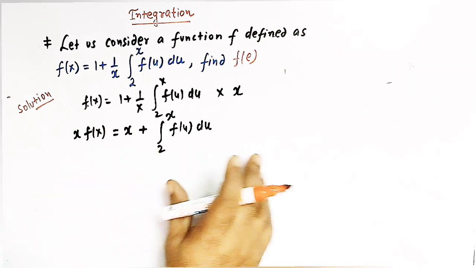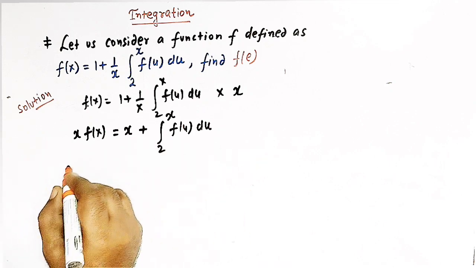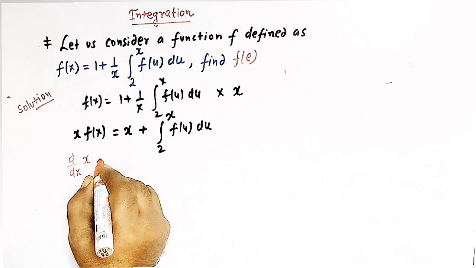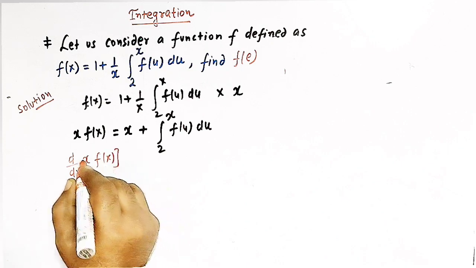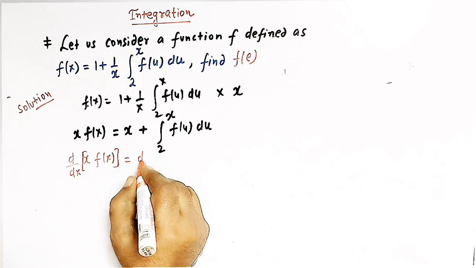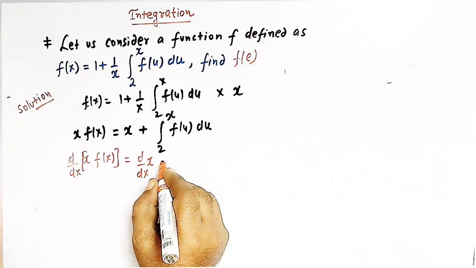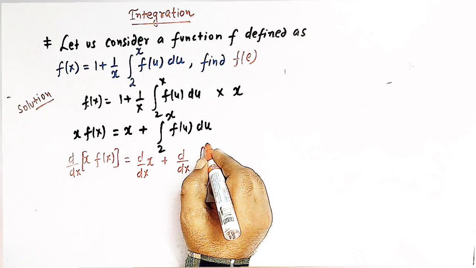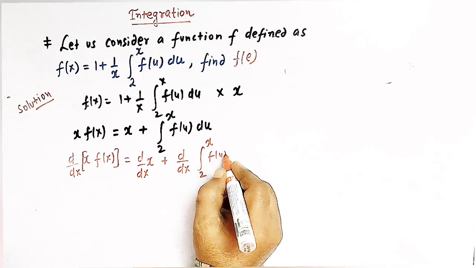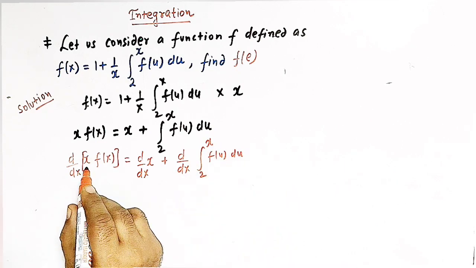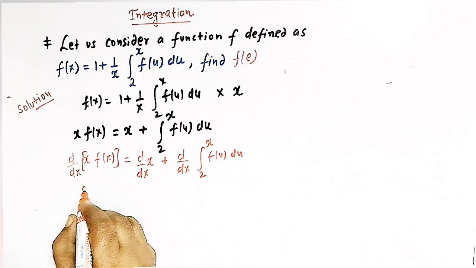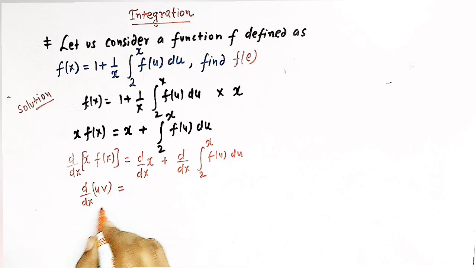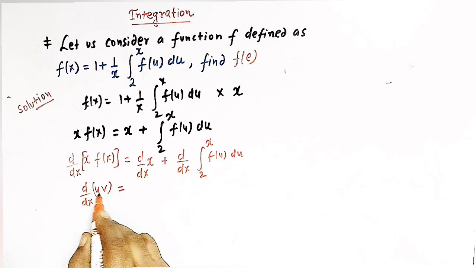Now let us differentiate both sides with respect to x. So we have here d by dx of x f of x, and here we have d by dx of x, and here we have d by dx of the integral 2 to x f of u du. Now here we can make use of the product rule, that is the derivative of the product of u and v, which are functions of x.